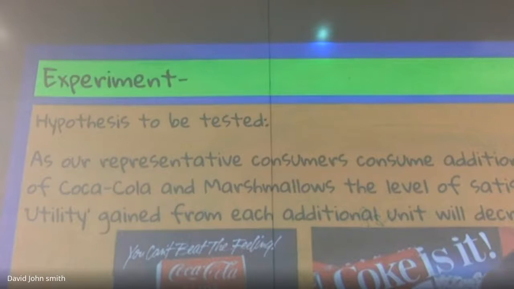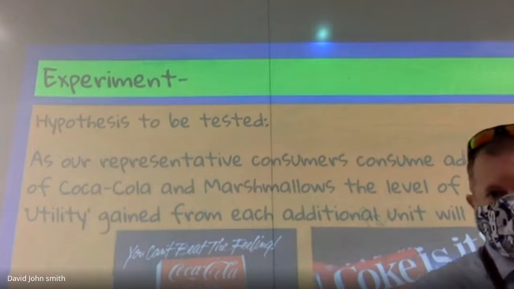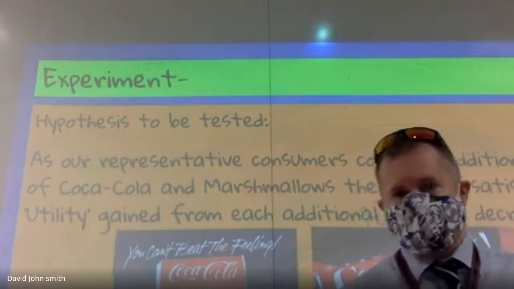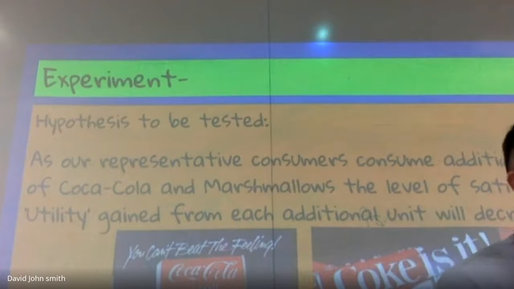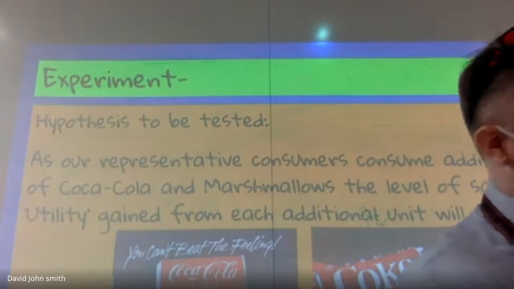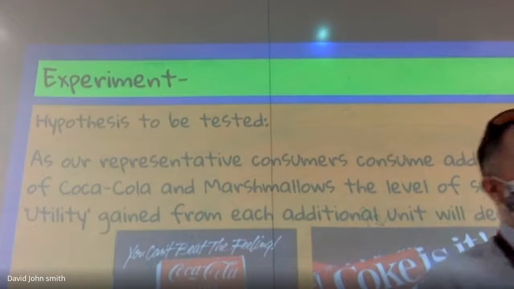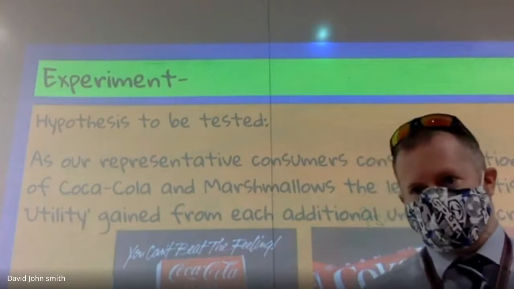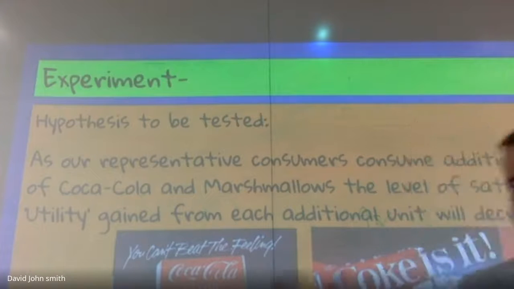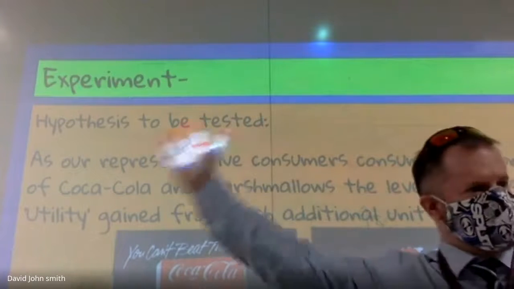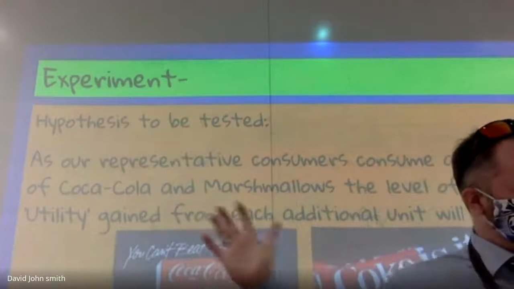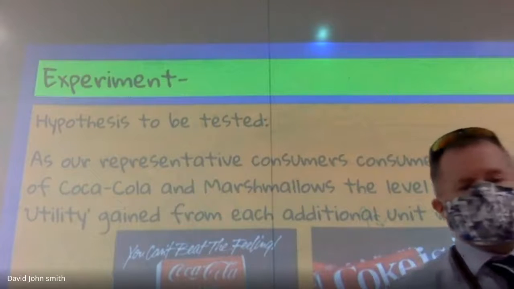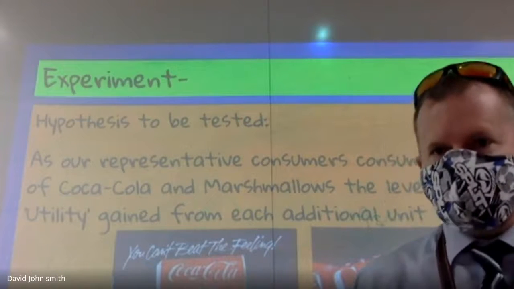There will be fixed quantities of said product that they will be consuming each time. Each time they're going to have a whiteboard themselves, and they are going to note down their level of satisfaction. We are going to need a scribe who will be recording what's happening, and we're going to need a couple other people to help out as well.